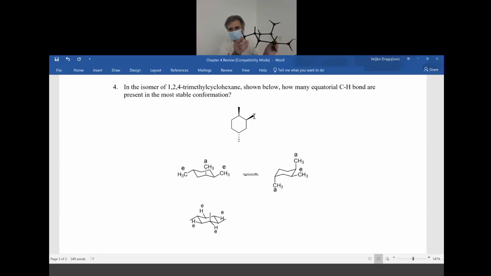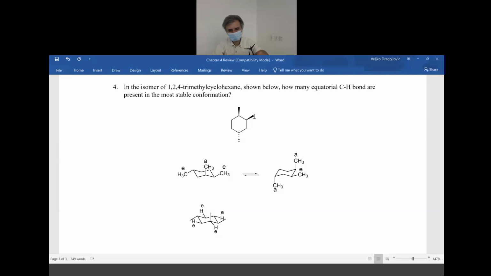When you look at this conformation, you can tell that there are equatorial, equatorial, and axial substituents. Equatorial, equatorial, axial. So 2 equatorial, 1 axial.